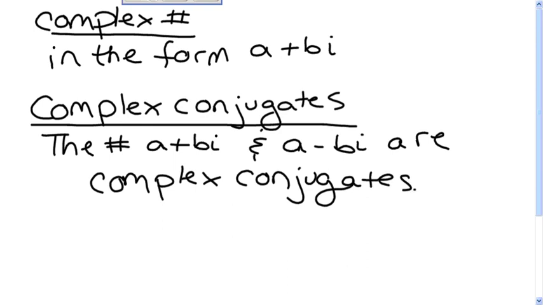And the reason they're complex conjugates is that the only part that changes is the sign of the imaginary part. We're going to look at what happens when I do different operations with complex conjugates. Some nice things will take place along the way, which will help us simplify with our imaginary number system. So a complex conjugate just changes the negativity of the i factor.